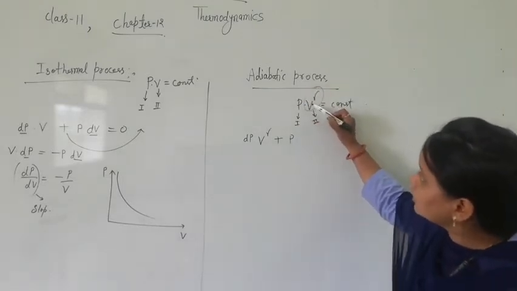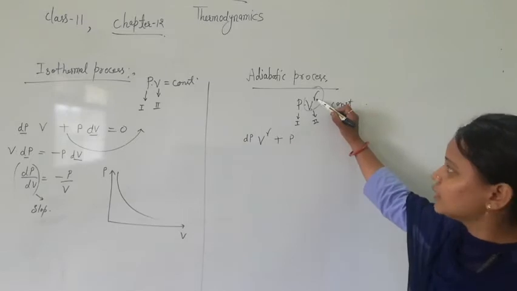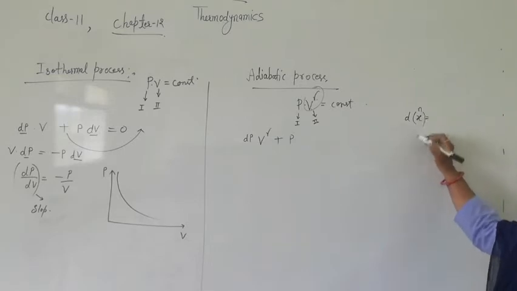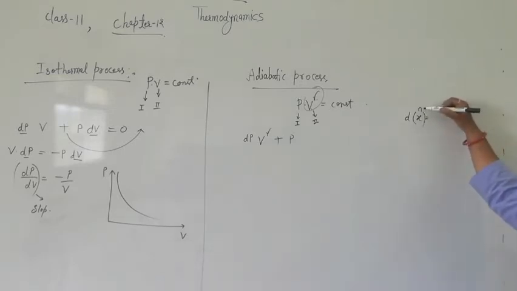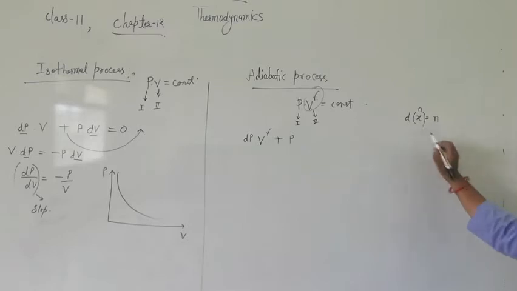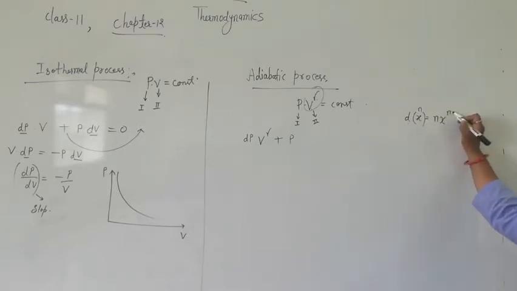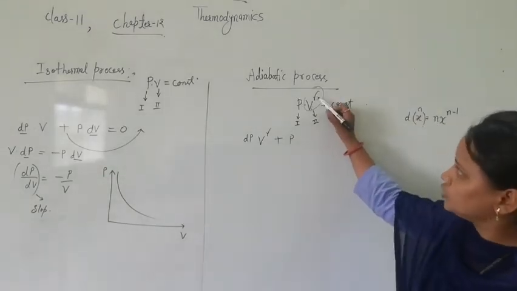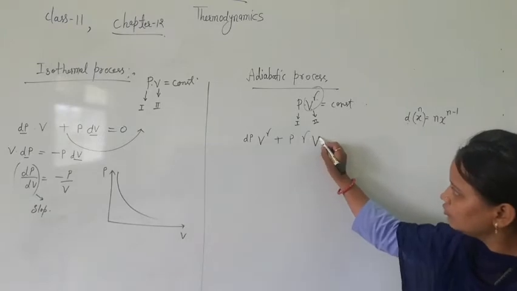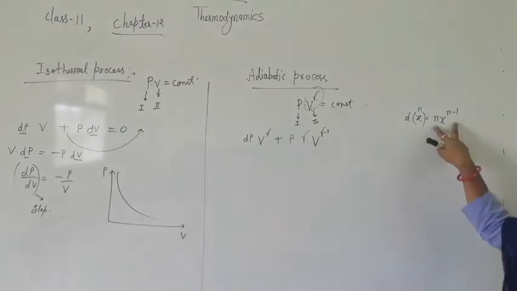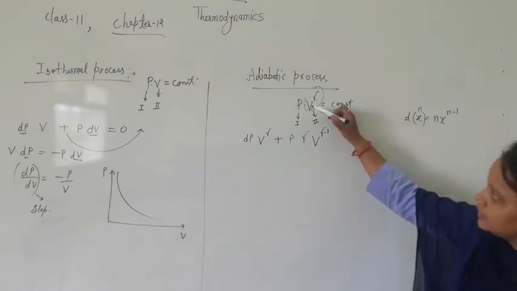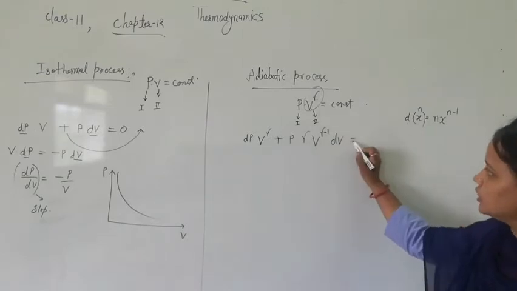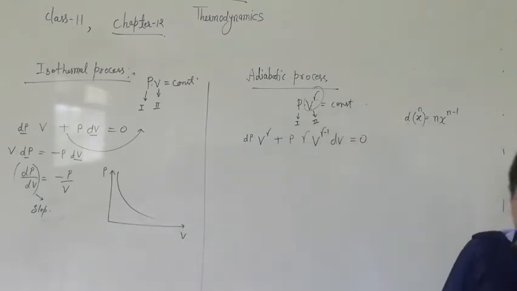Here the second variable is V to the power gamma, so we apply the formula: when we have x raised to the power n, the differentiation is n x raised to the power n minus 1. So V to the power gamma gives gamma V to the power gamma minus 1, multiplied by dV, equal to constant. The differentiation of a constant is again 0.